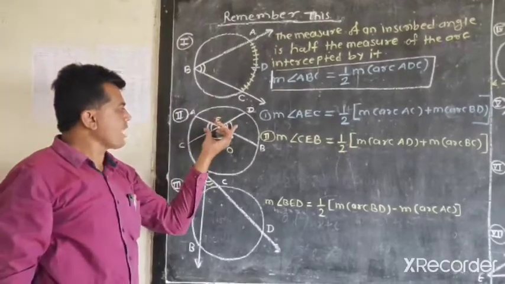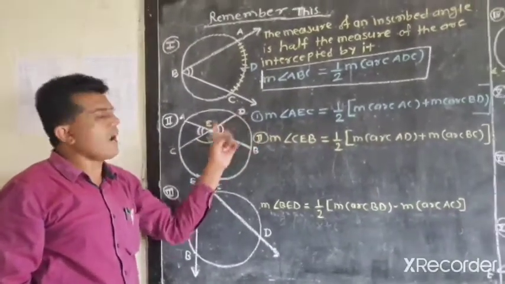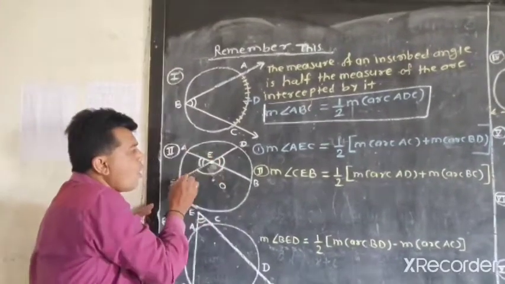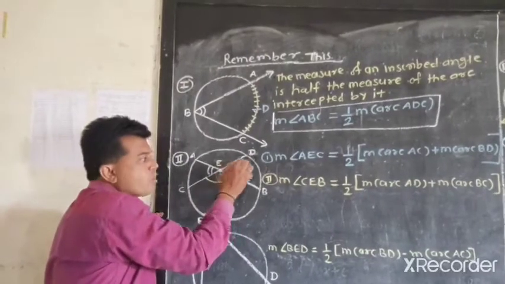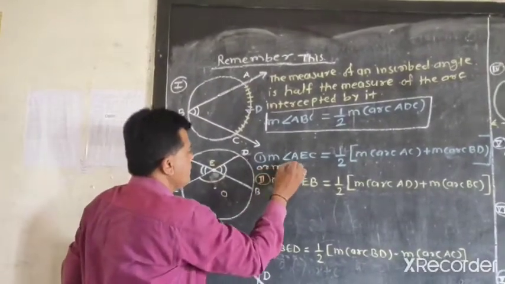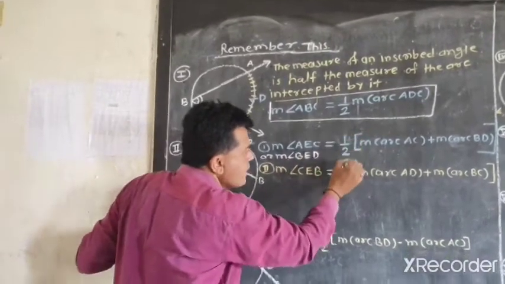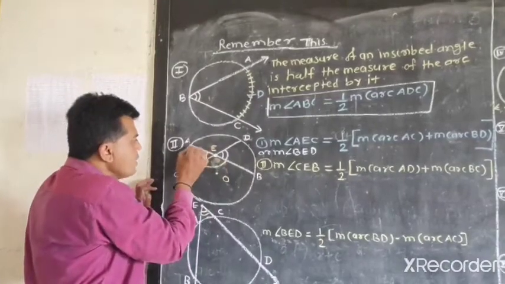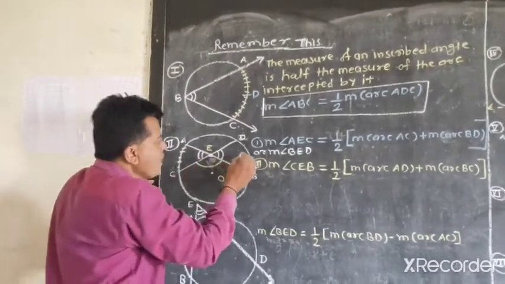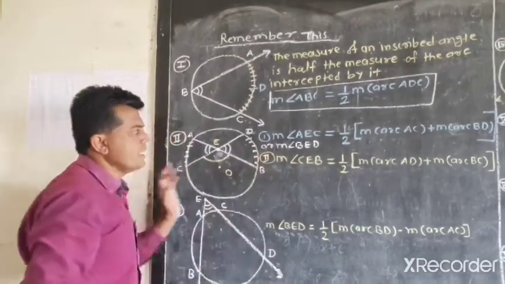Both angles, angle AEC and angle BED, are congruent. Then find angle AEC or BED. For solving the examples, there is one formula: half the measure of arc AC intersected, plus measure of arc BD or DB.